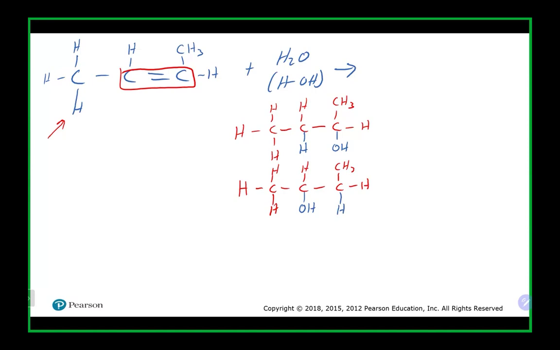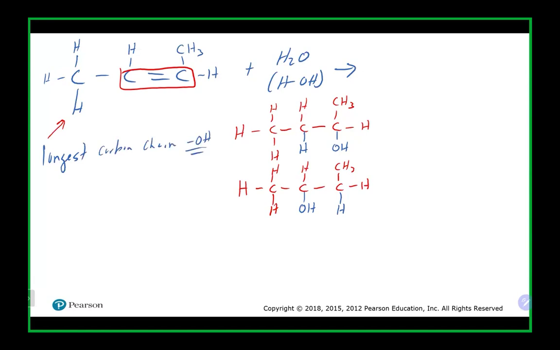To see that we do have two different alcohols, let's talk about how you name these. Surprisingly enough, you name alcohols the exact same way as you name everything else, which means we look for the longest carbon chain, and in this case it needs to contain the OH group, which is the alcohol.